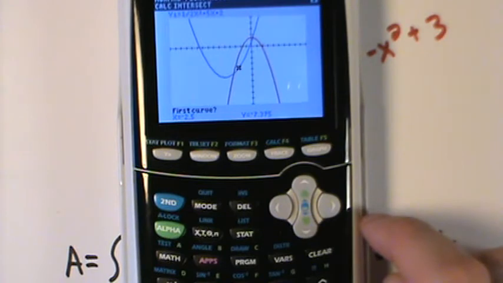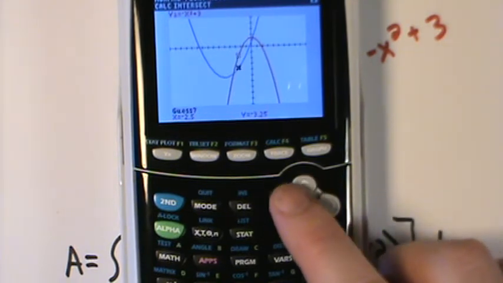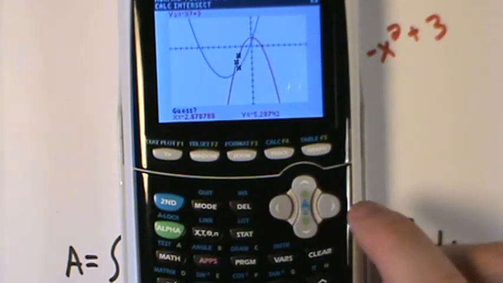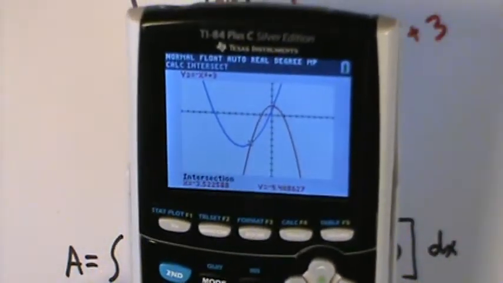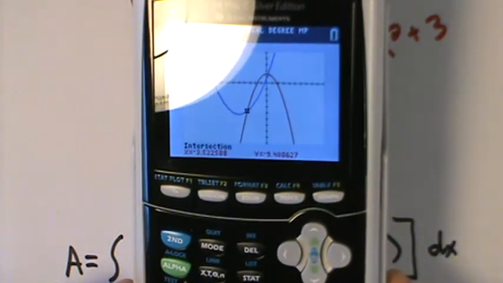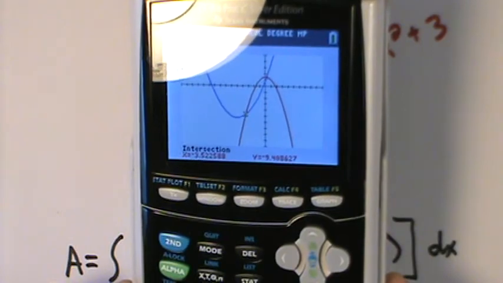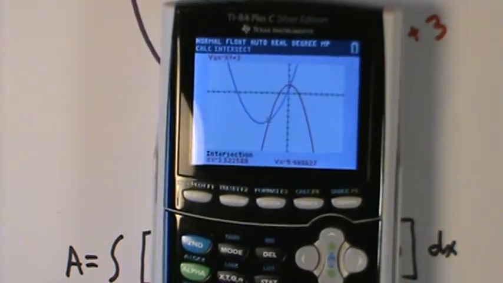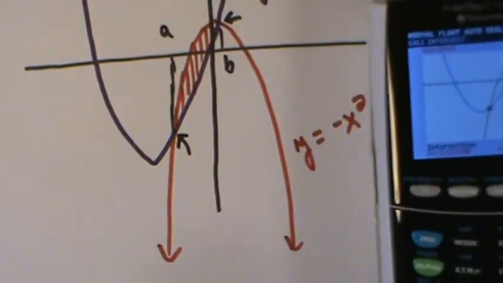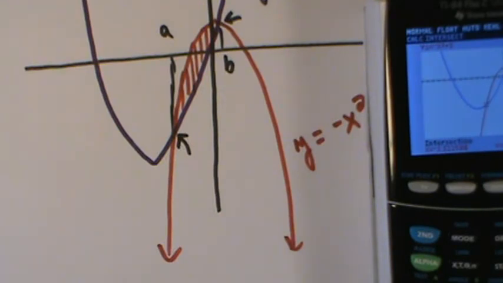So I choose the first curve, second curve, put a guess in there, and that's going to give me a value of negative 3.522588. I'm going to run with this being 4 decimal places to mitigate any rounding errors in the end. And so my a value is x equal negative 3.5226 when I round appropriately.